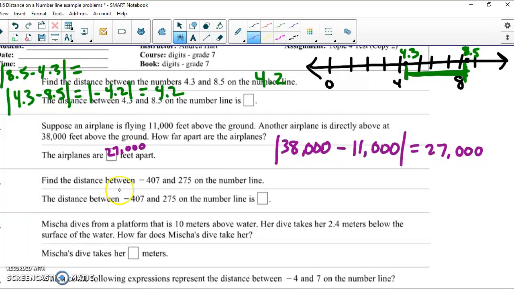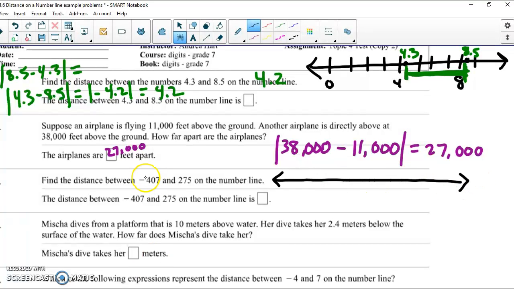Okay, on number 3, however, you'll notice that we're looking for the distance between negative 407 and 275 on the number line. So to find the distance between these, it might help us to think through this with an actual number line first.